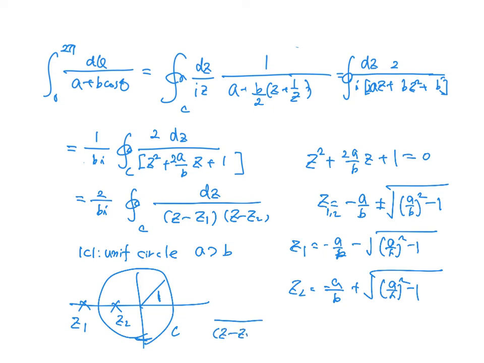C minus C1, C minus C2 is... so we know that one of the solutions is outside, the other one is inside, and we need to make a fractional expansion of this form.